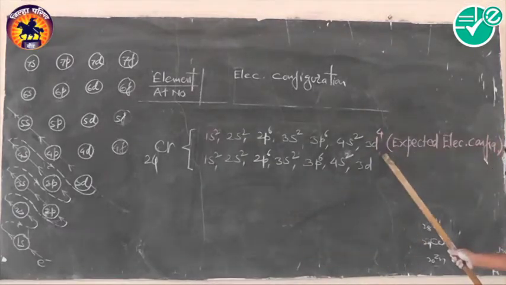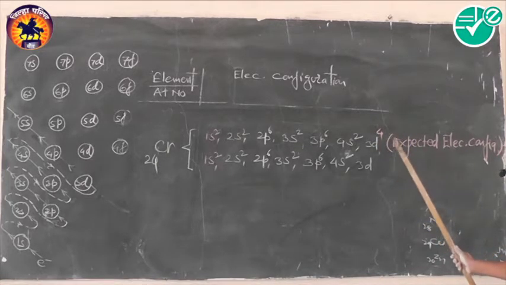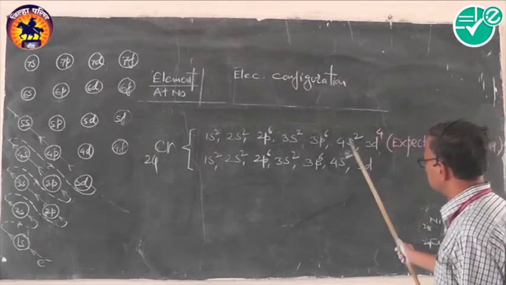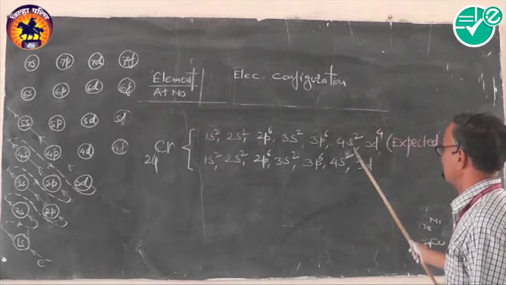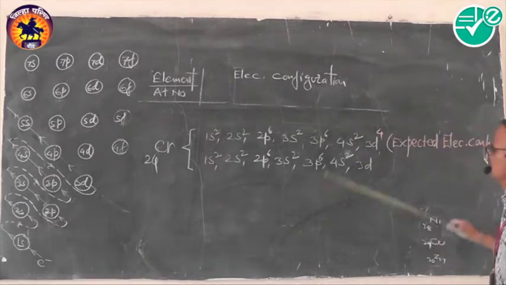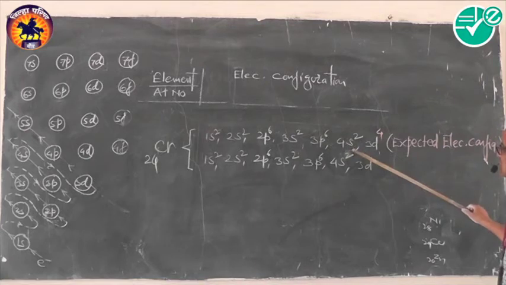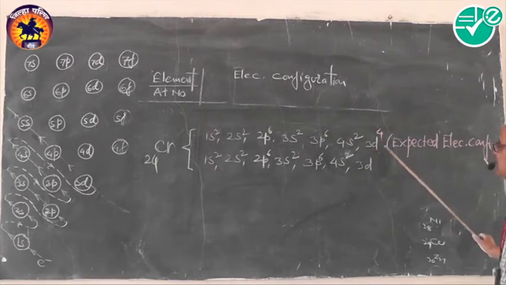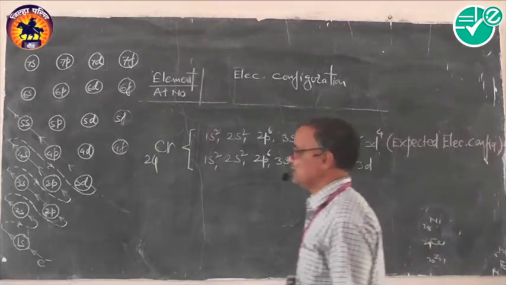So this 3d4 is the d subshell which is incompletely filled, and the last but one subshell, that is 4s, is completely filled. So the last but one subshell is completely filled and the last subshell is incompletely filled.